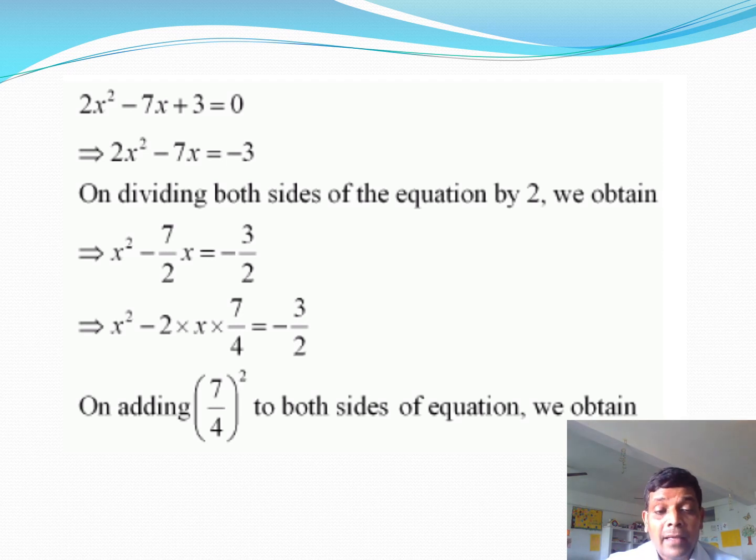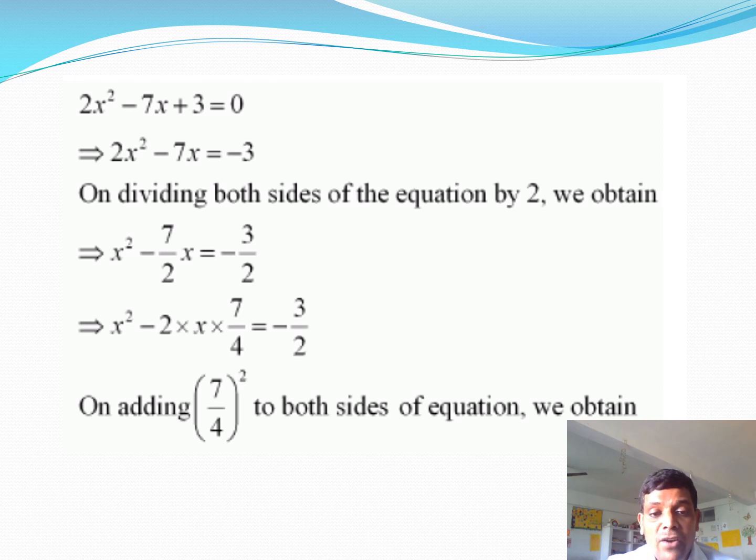Now adding b square on both sides, we get a complete square. Here 7 by 2 x is the 2ab term, so 2 into x, and the b value is 7 by 4.